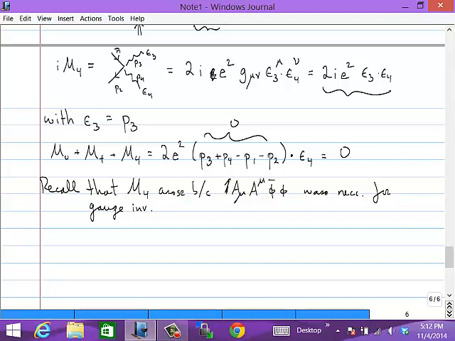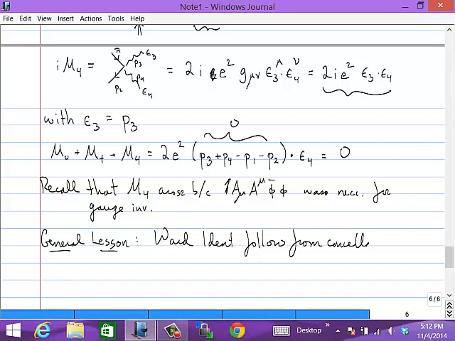Okay. So this is really a general lesson. First of all, that Ward identities often follow from cancellations among many Feynman diagrams.